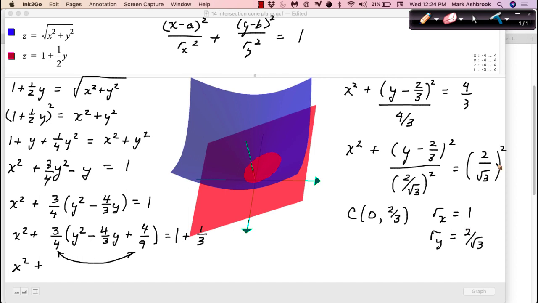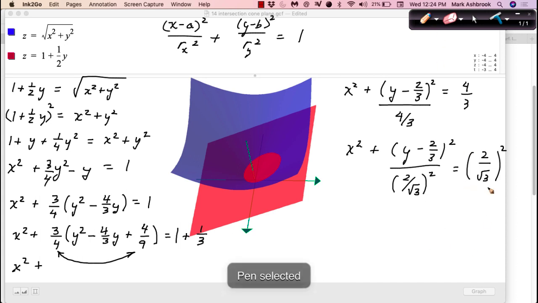Oh, this isn't right. We've got to get a 1 on the right. So the last step is, how do we get a 1 over here? We're going to divide both sides by that. It's actually the x radius is going to be that.